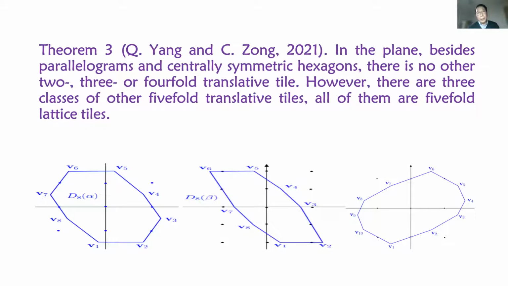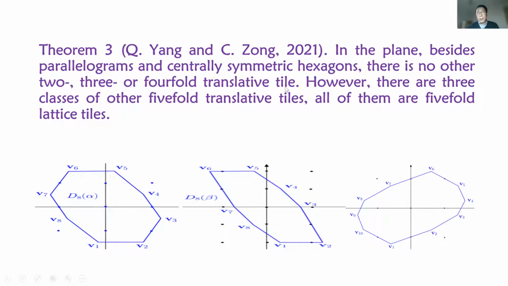In recent years, I worked together with several of my former students, and we got some results of this type. In particular, in the plane, we were able to prove this theorem: besides the parallelogram and the centrally symmetric hexagon, there is no other two-fold, three-fold, or four-fold translative tile.